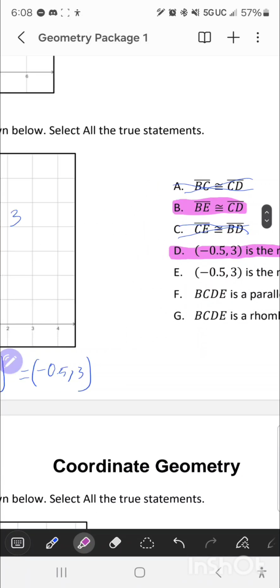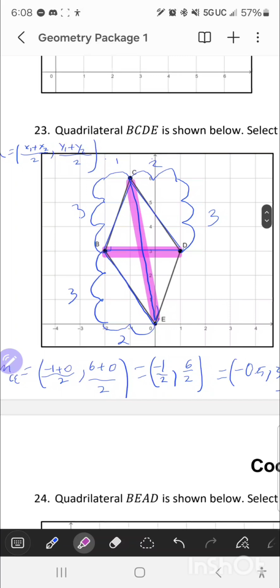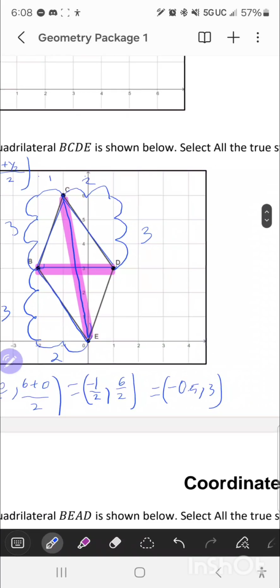Now, let's do the same for BD. We have the midpoint formula, and we're going to substitute our values, so the x values are negative 2 plus 1 divided by 2. This is the midpoint of BD. The y values are just 3 plus 3 divided by 2.